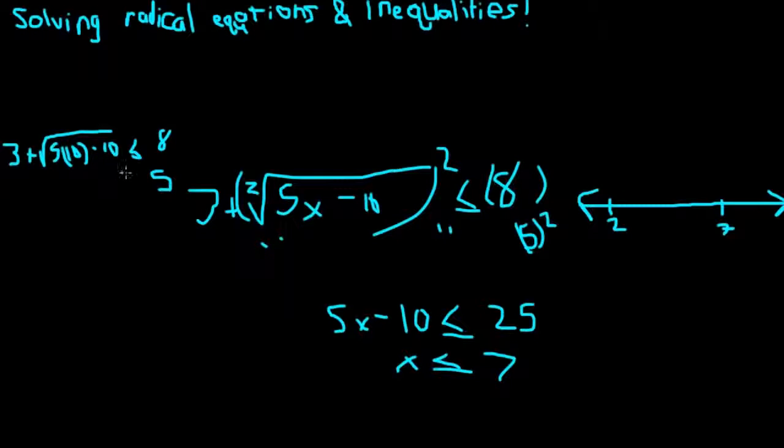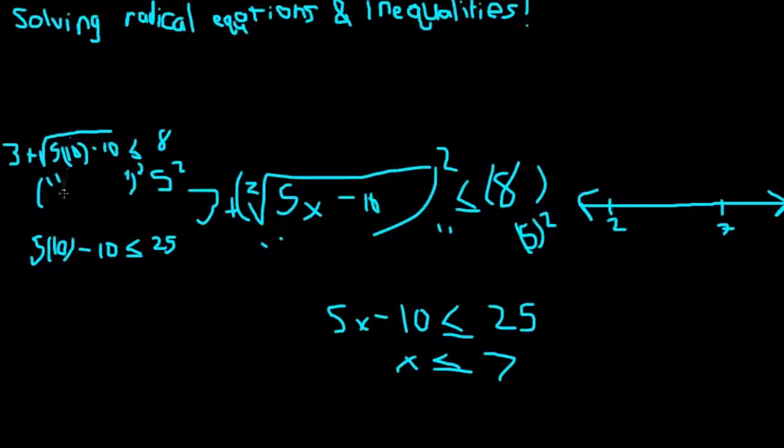So you're going to square these two. So we're going to get 5 times 10, minus 10, less than or equal to 25.